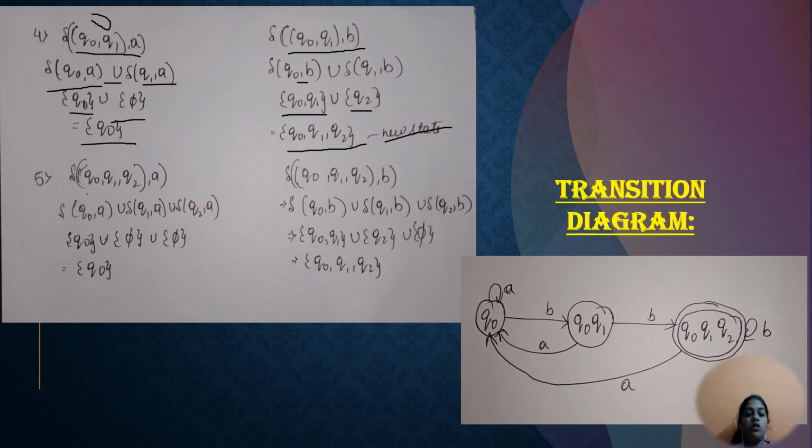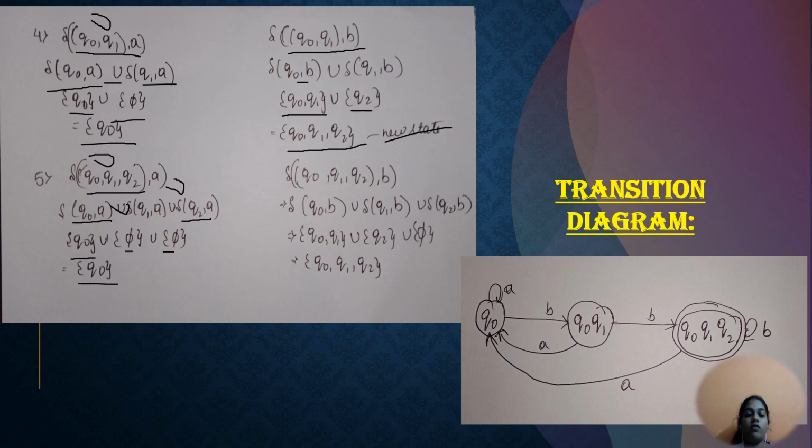For the transition of Q0 Q1 Q2 on A, we take the union of these three states: Q0 on A goes to Q0, Q1 on A is null, and Q2 on A is also null. So we get the state Q0.